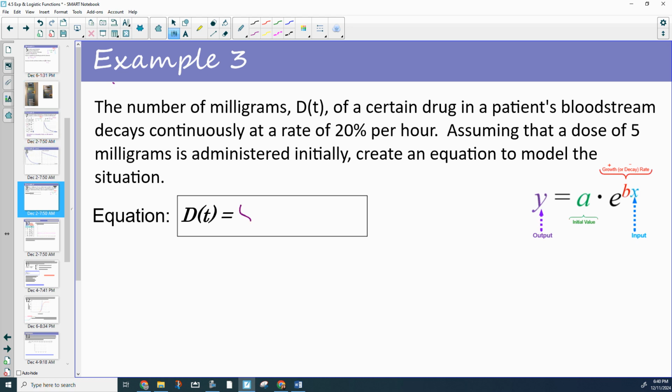Then we have the E. In this case, it's decaying by 20%, so that's a negative 0.2. We don't need 0.20, we can just use 0.2. And then X is going to be the amount of time that it's in the bloodstream. And since we're talking about hours, X is going to be the number of hours.